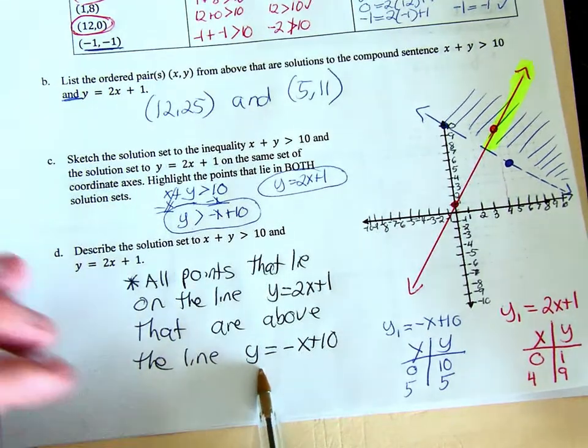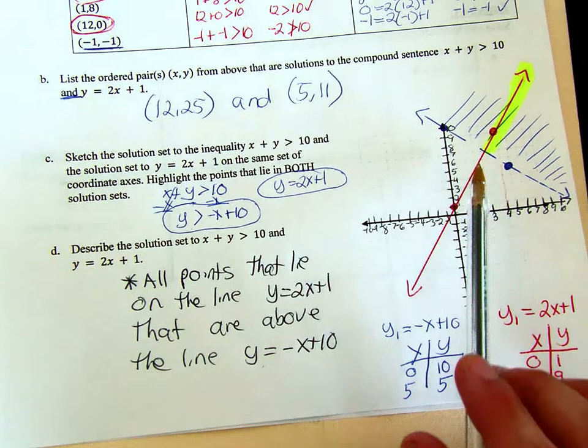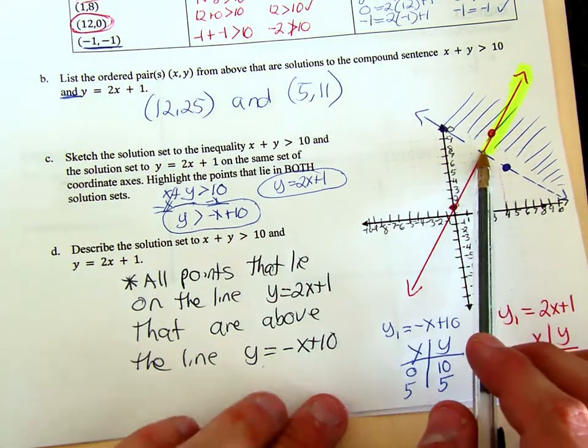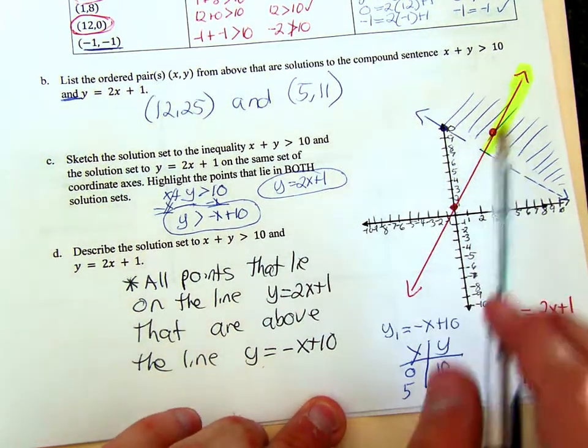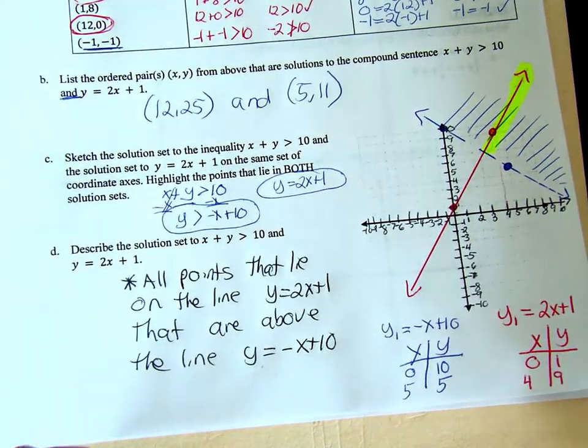Because this dotted line is that line y is equal to negative x plus 10, we know that it's going to lie above. So it's all of the solutions that are on this line that are also above this blue line, or above the solution set for negative x plus 10.